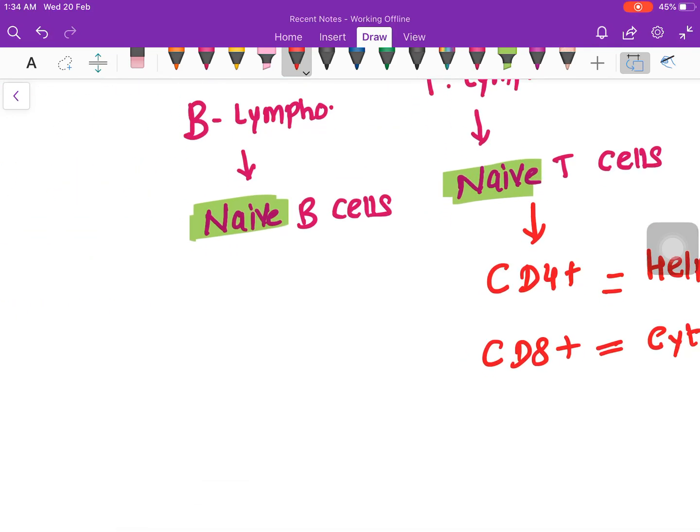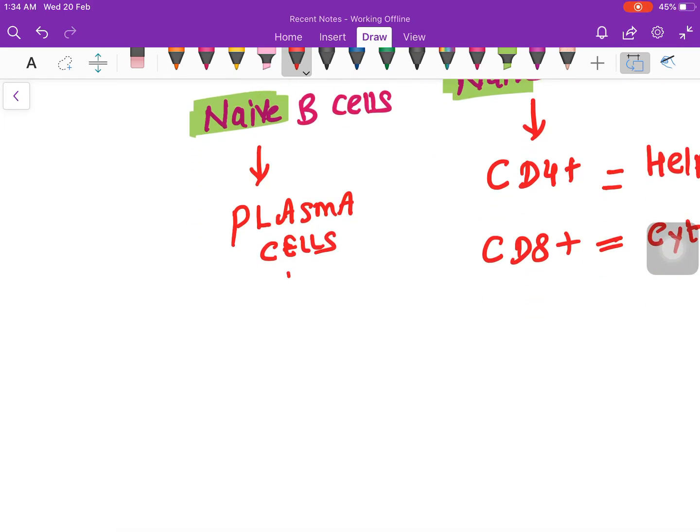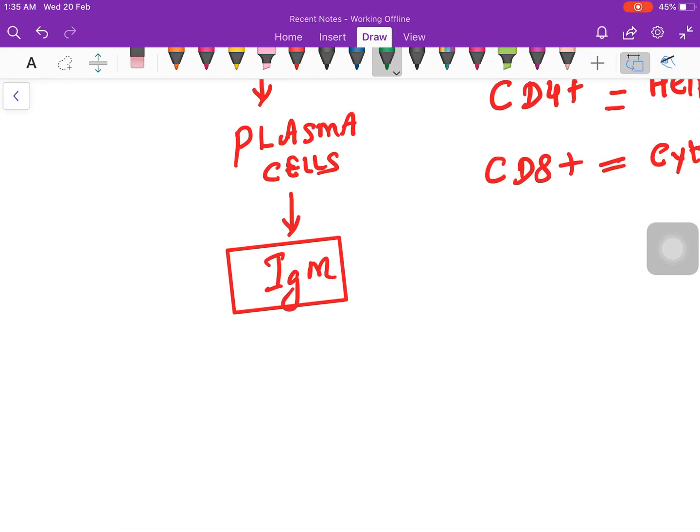Naive B cells will proliferate to form plasma cells. These plasma cells will release immunoglobulins. The first ever immunoglobulin that is released is IgM. After the release of IgM, it is converted into different types of immunoglobulins.